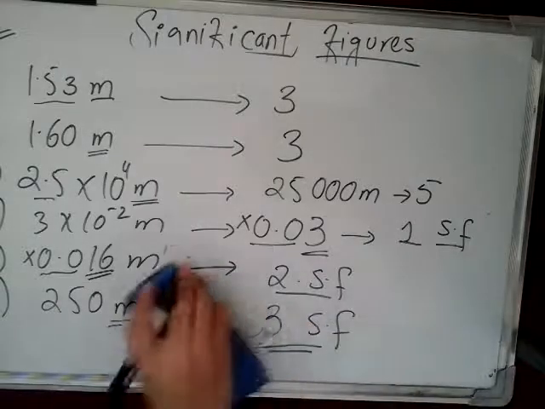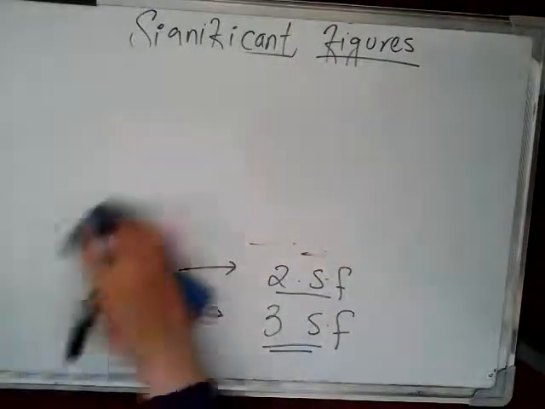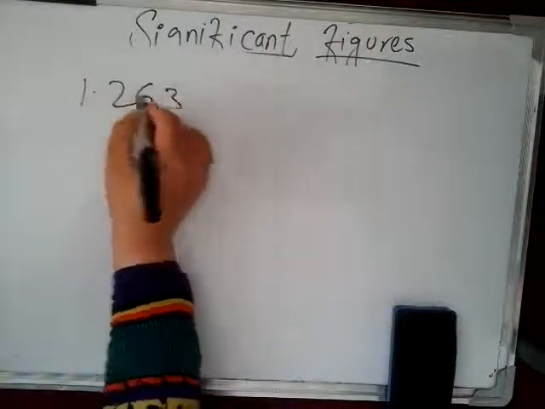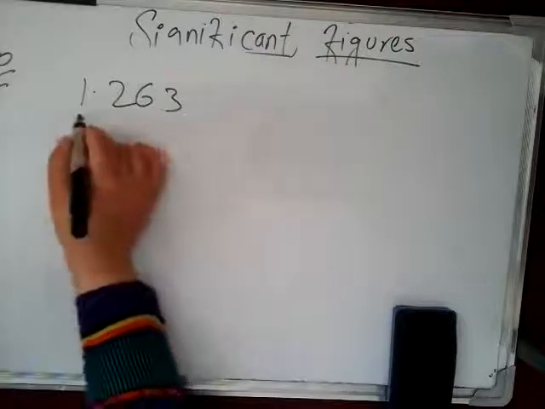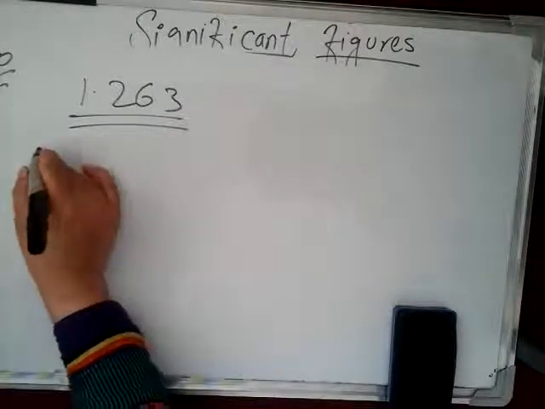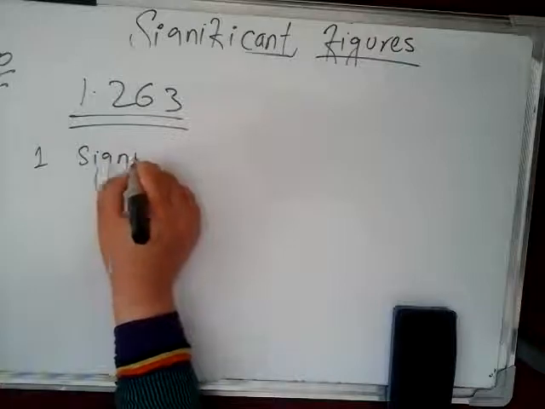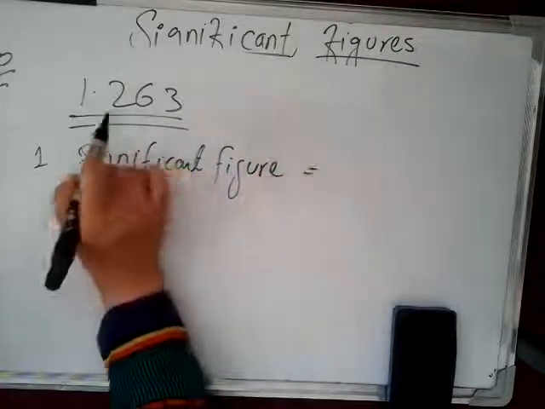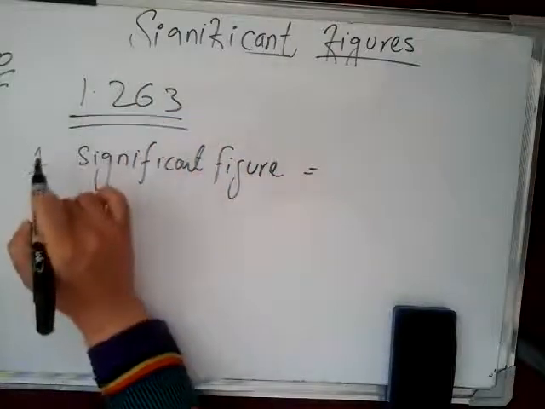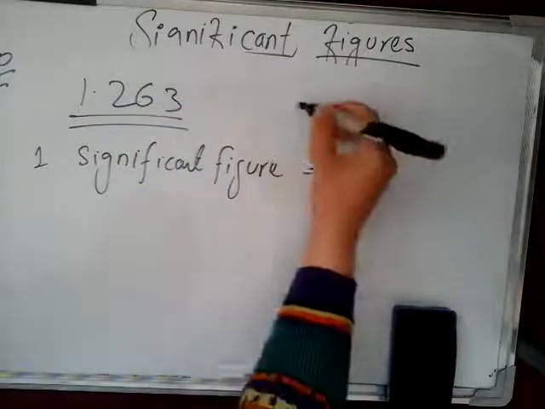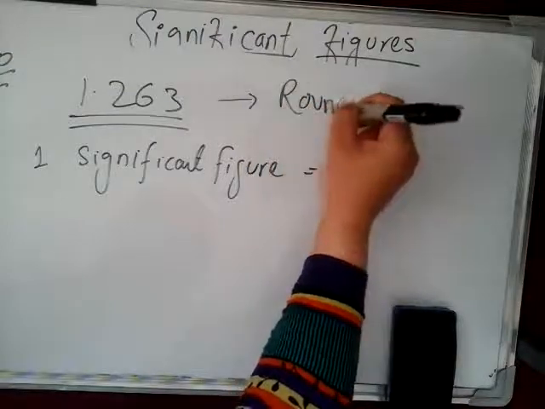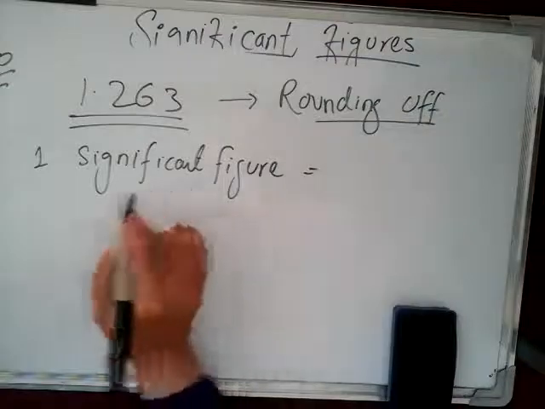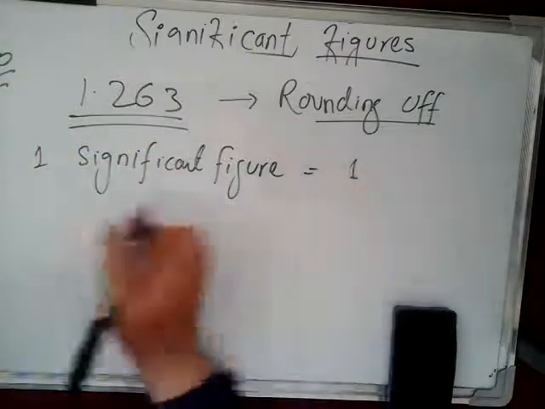Is that clear? So another question is that 1.263, you have to find the significant figures. Now 1 significant figure, you have to convert this number into 1 significant figure. For that you have to do rounding off.